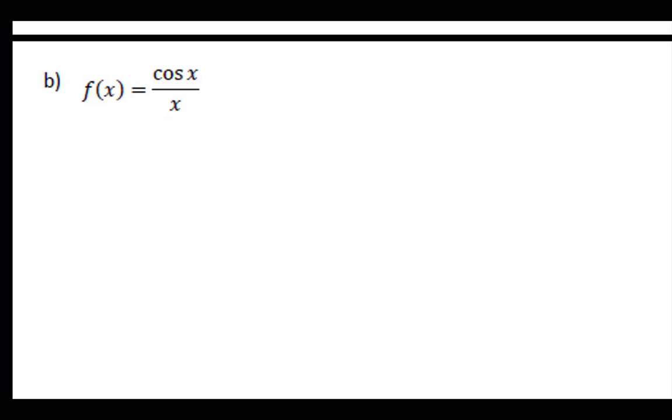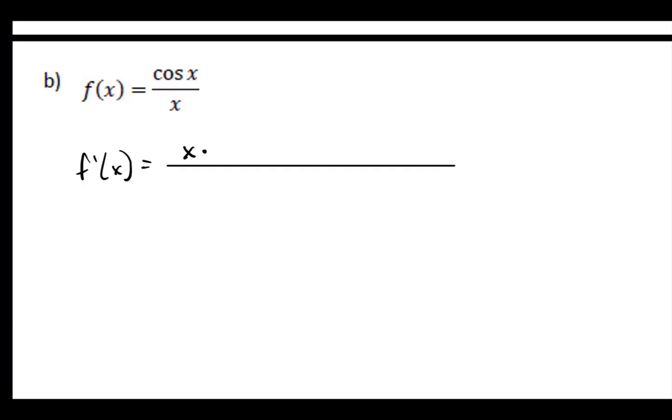Okay, so derivative of something divided by something, that's a quotient rule. Let me just write this down here. The quotient rule says low times the derivative of the high.